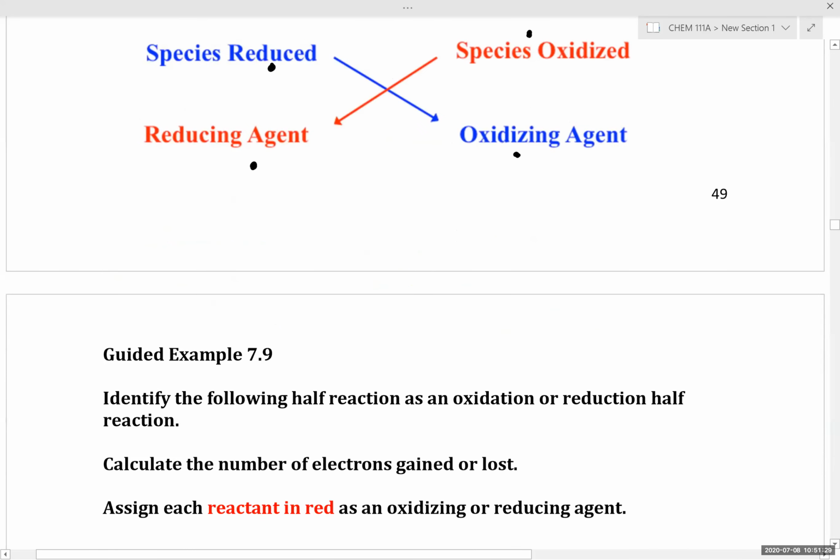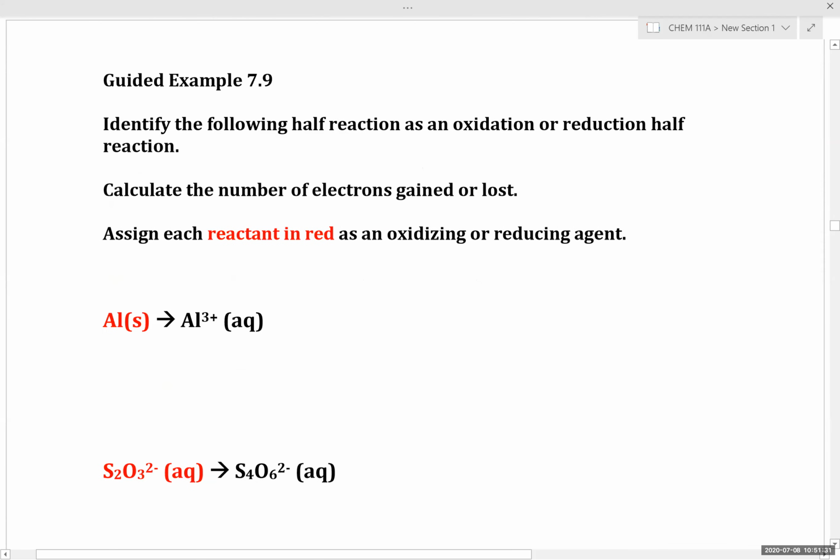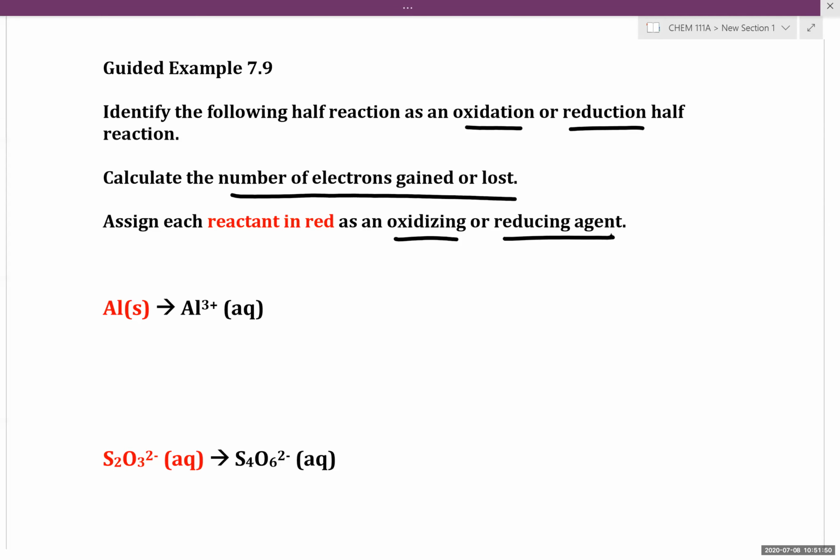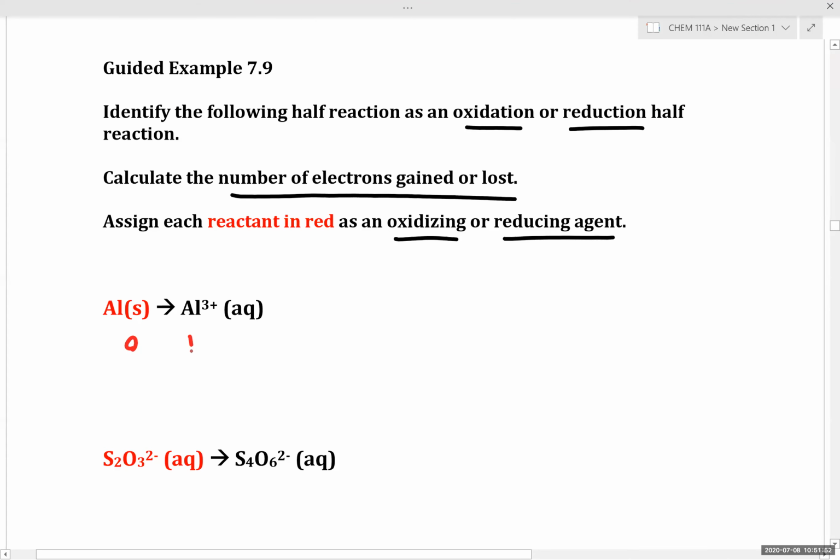Okay, so let's look at the following example. And our goal is to identify the half reaction as an oxidation or a reduction half reaction. We're then going to indicate the number of electrons gained or lost and assign each species as the oxidizing or the reducing agent. So looking at our first example, aluminum, we went from 0 to +3. So then we are increasing in oxidation number, so we are losing electrons.